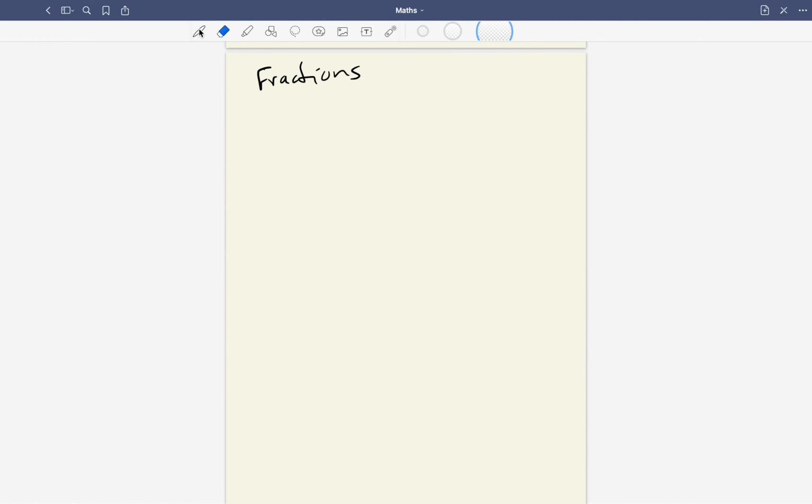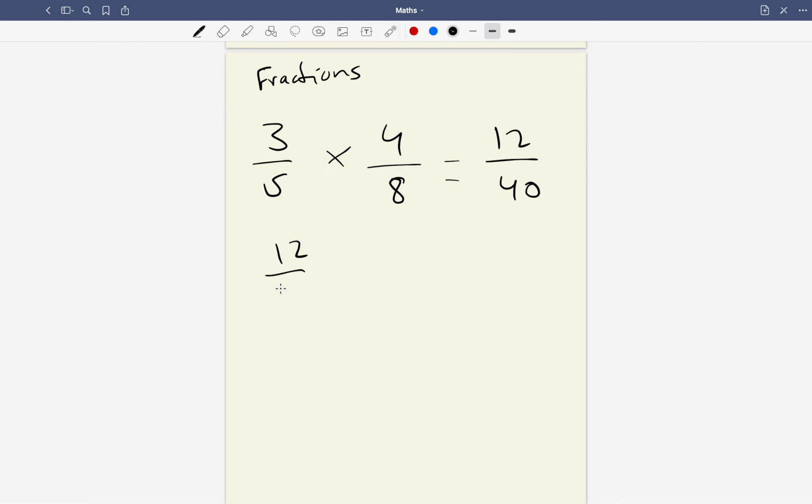So, here is another question. If I've got 3/5 times 4/8, what would the answer to that be? And simplify it to its fullest. Pause the video and have a go. So, we do 3 times 4, which is 12, over 5 times 8, which is 40. 12 over 40, we can simplify it if we divide everything by 2, since it's all divisible by 2.